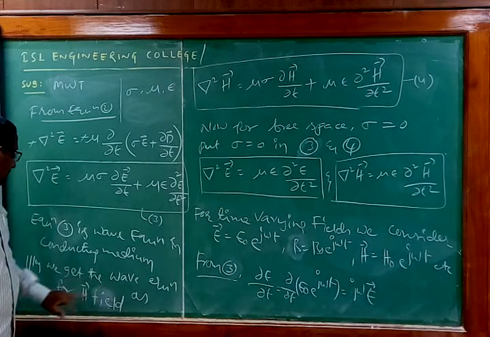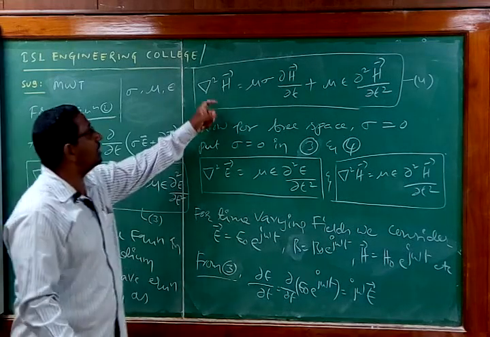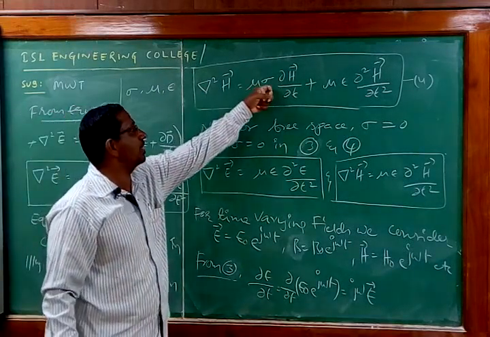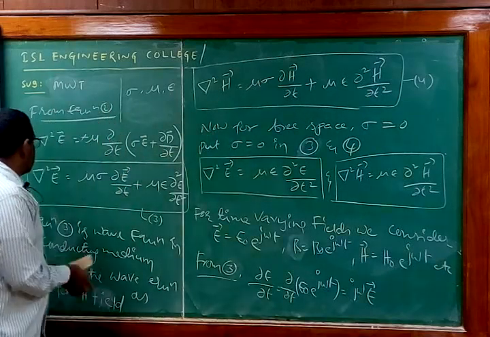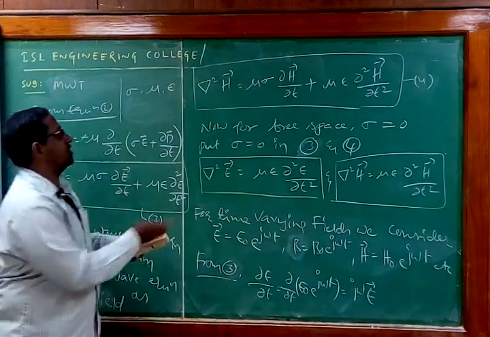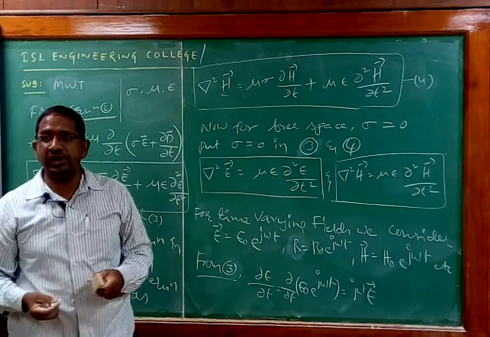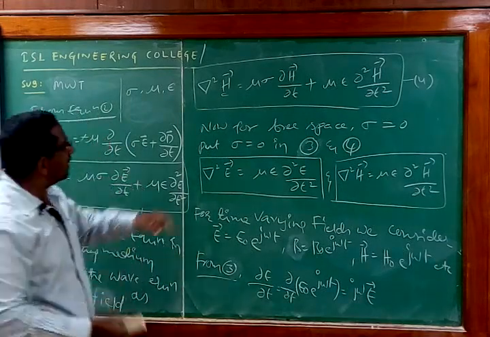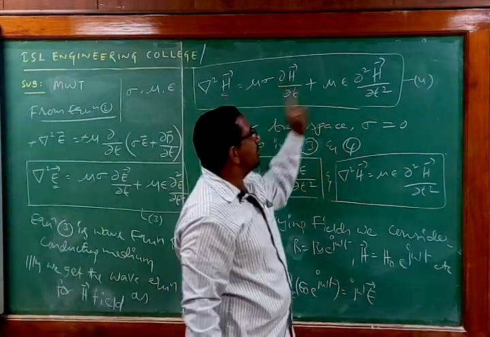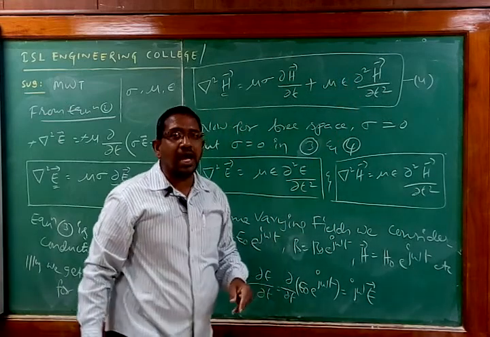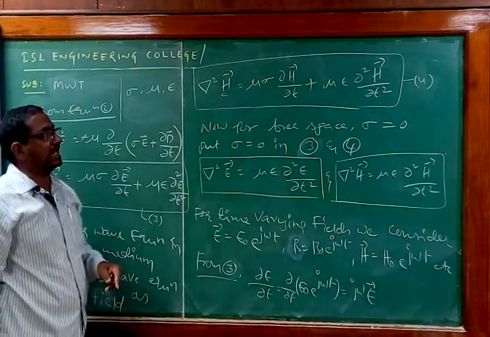Similarly, we get the wave equation for the H field as dou square H is equal to mu epsilon, where E is replaced with H. The electric field is replaced with the magnetic field. By simply replacing it, I get the wave equation for the magnetic field.